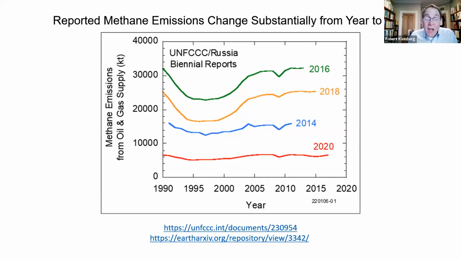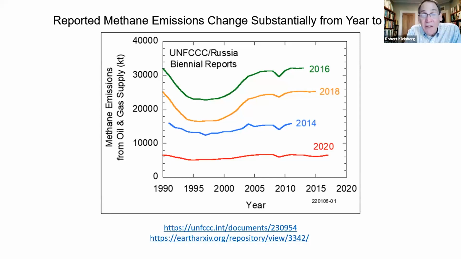So, what does that all mean? Now, there's a whole bunch of international agencies that also estimate methane emissions from Russia, and I talk about them in that big report on Earth Archive. But basically, you have to ask yourself, who would know more about methane emissions than the government of the Russian Federation itself?